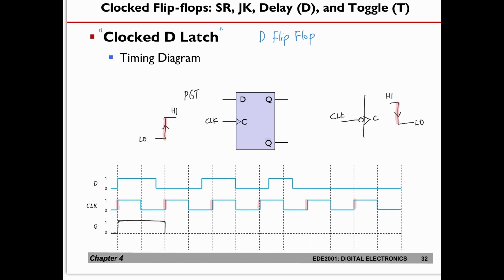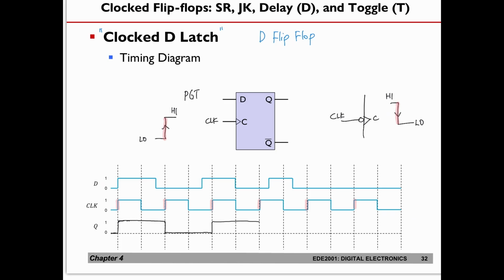Then again, same thing for the rest of the clock cycle, it is going to be a 0 until the next positive going transition. At that moment, let's look at what D is. D is a 1, so you go into the set mode, and Q becomes a 1 again. And this is going to be a 1 until the next PGT.